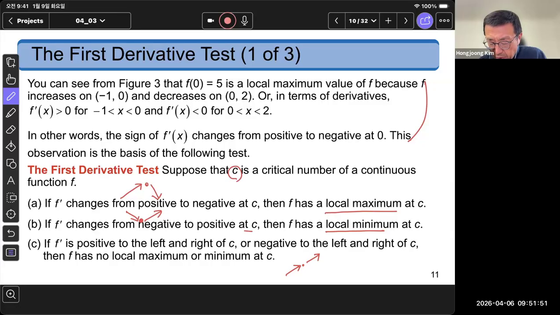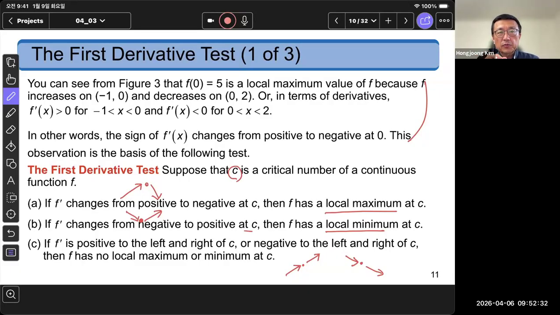Or if f prime is negative to the left of C and also negative to the right of C, then my function does not have a local maximum or minimum either, because in that case your function is just decreasing near C. So the first derivative test says that if f prime changes from positive to negative at a certain point C, then your function has a local maximum at that point.